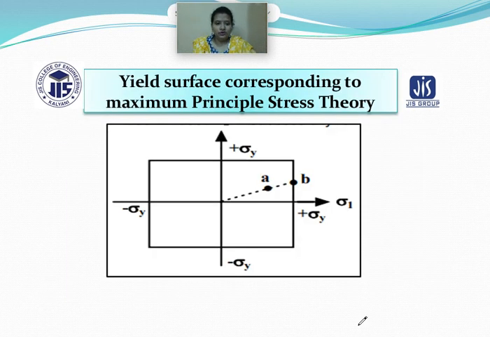So if you look at this particular slide, it is going to describe the yield surface corresponding to the maximum principal stress theory. So this is your positive sigma y, that is the stress at the y axis. This is also stress, this is also stress, and this is also stress. So this is the positive coordinate, this is your negative coordinate, and sigma 1 is your maximum principal stress.